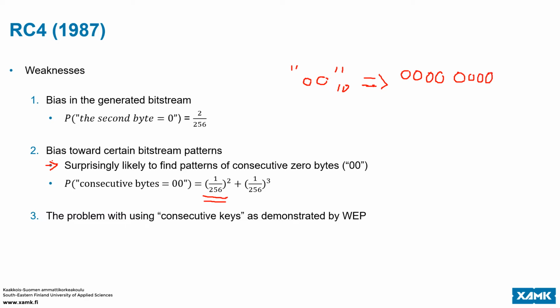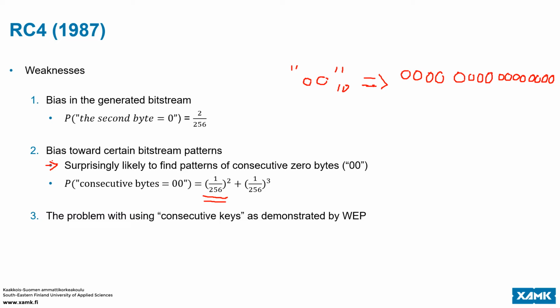And because it's a pair of zeros, this is just 1 byte here, so we add another 8 zeros to the end. So this is the actual bit stream that the random number generator really likes to produce.